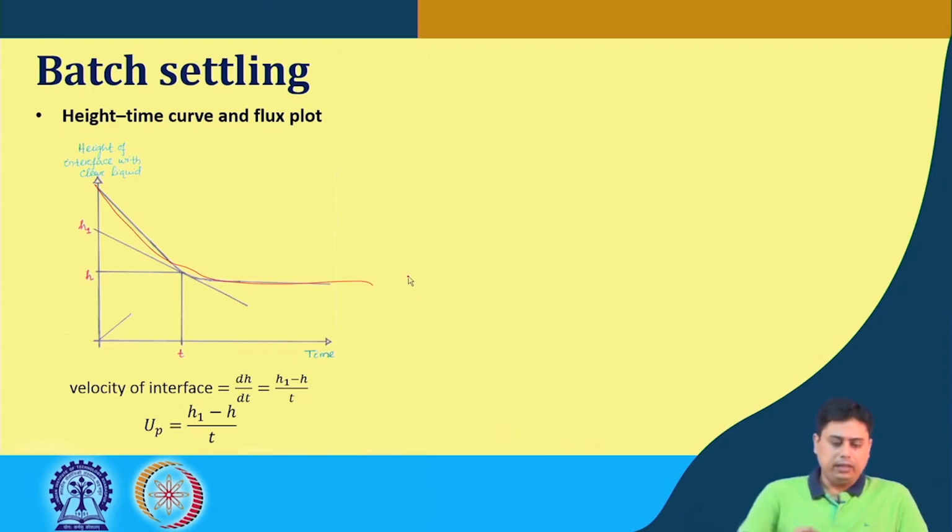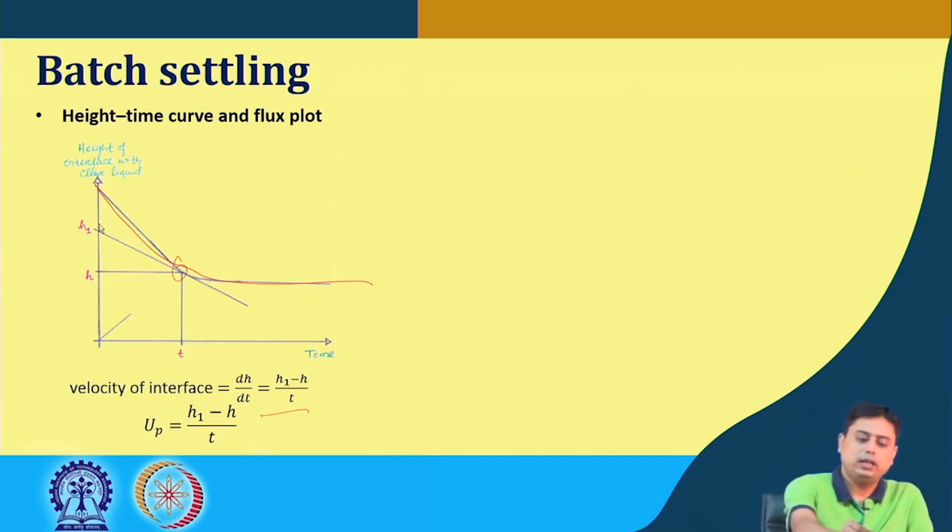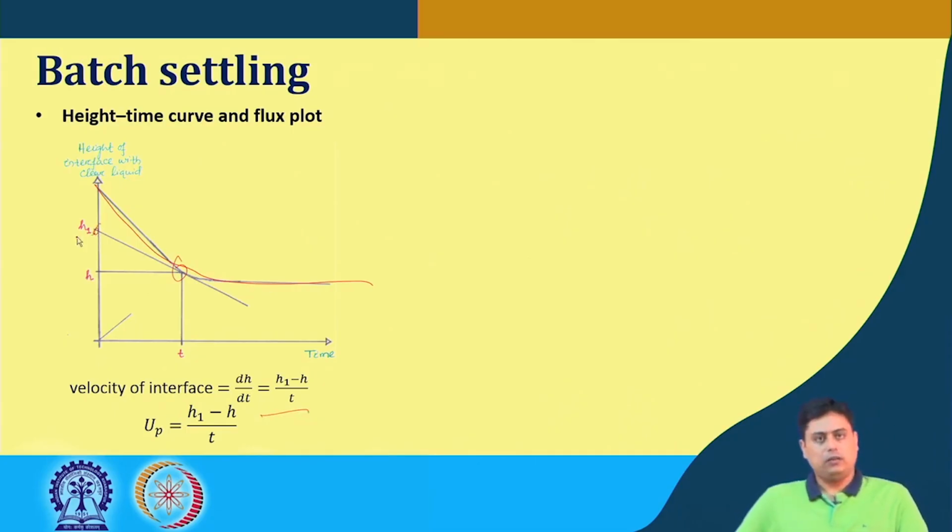So, at this point, a tangent to the curve will give us the velocity of the interface, which we can write as dh by dt, that is h1 minus h divided by t, where h1 is the point of intersection of this tangent line and the y axis, that is the height of the interface with clear liquid.